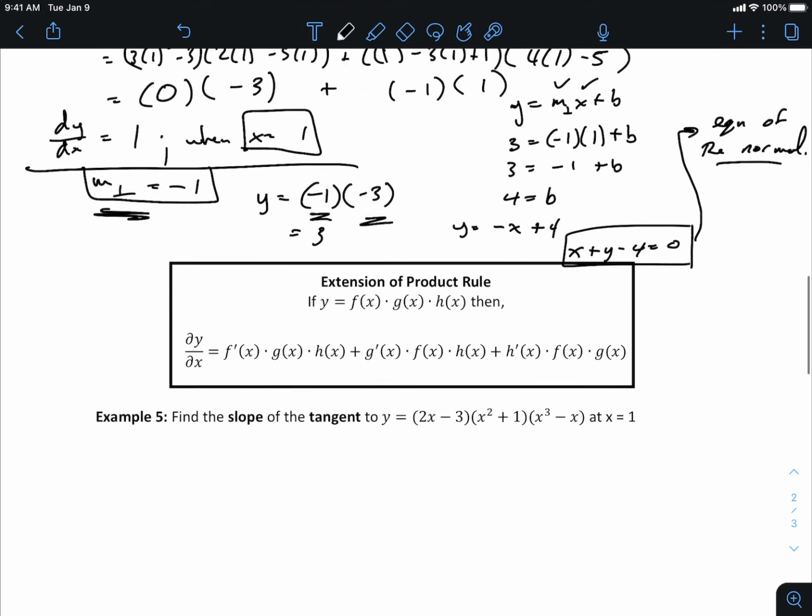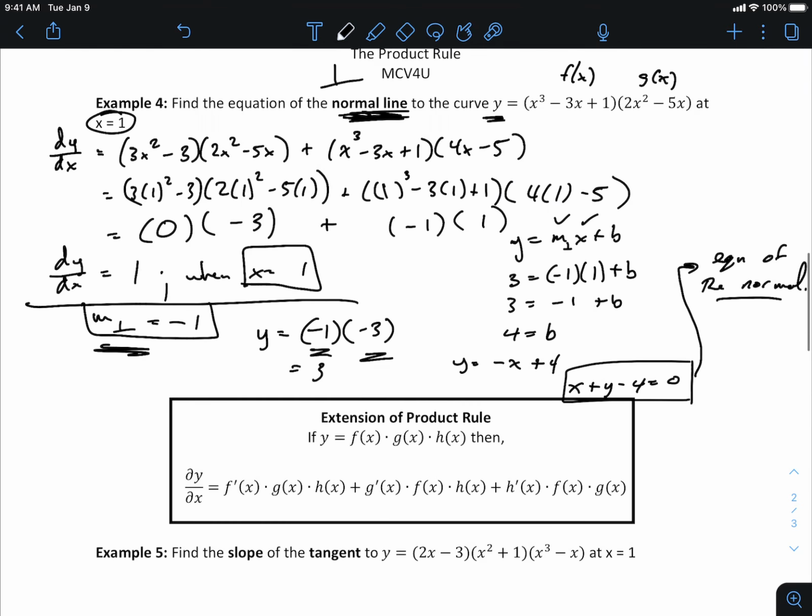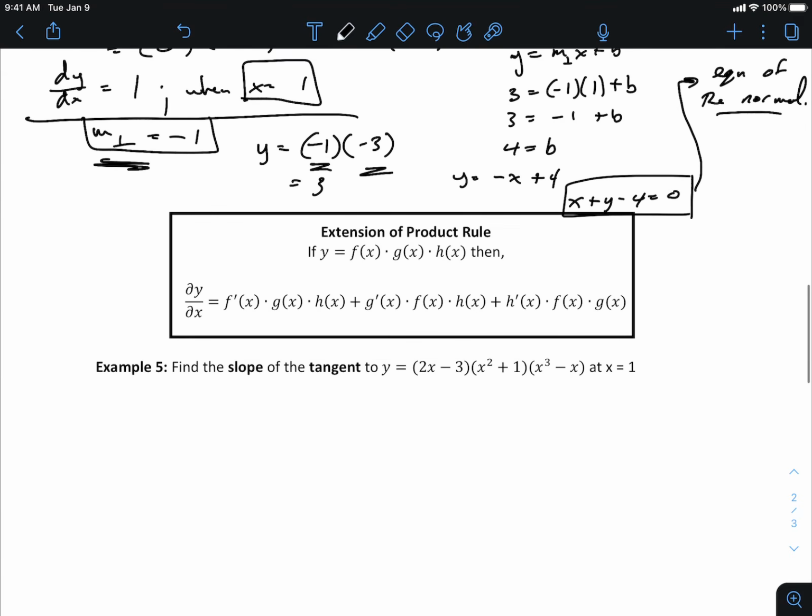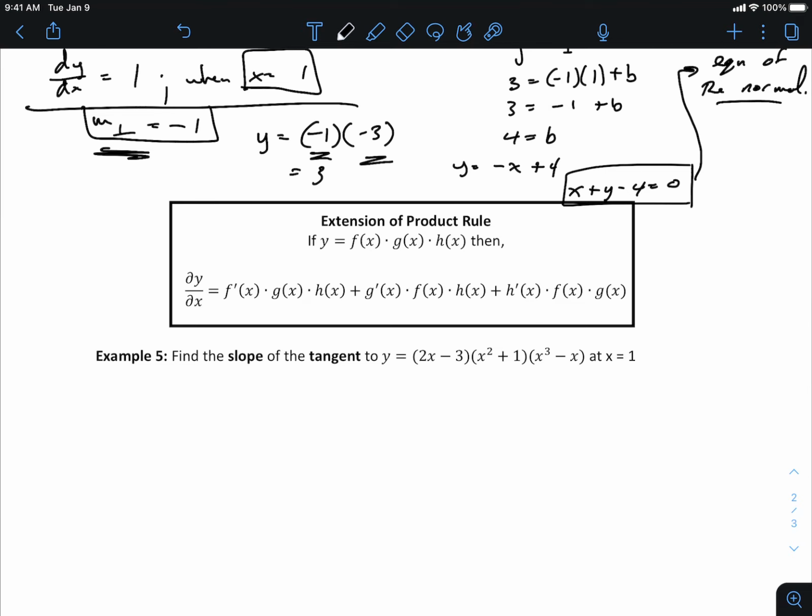All right. So we have one final thing to do today, and it's what we call the extension of product rule. And it's what happens if I have 3, 4, 5 different kinds of functions that are multiplied together in series, like a series of products, right? And so we're going to need a way to tackle this. Well, it doesn't get much more complicated than the original product rule, right?